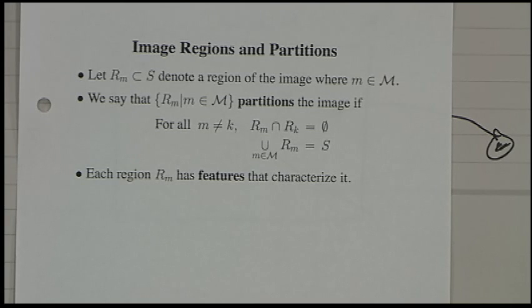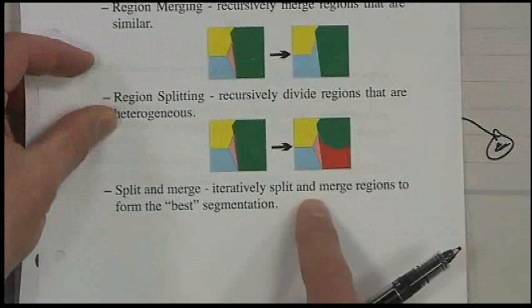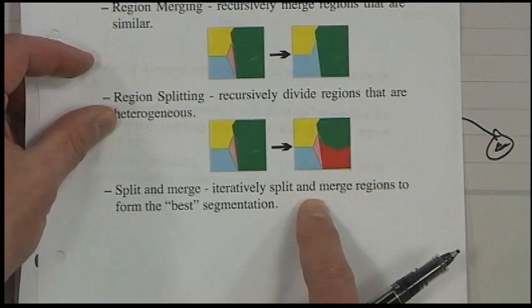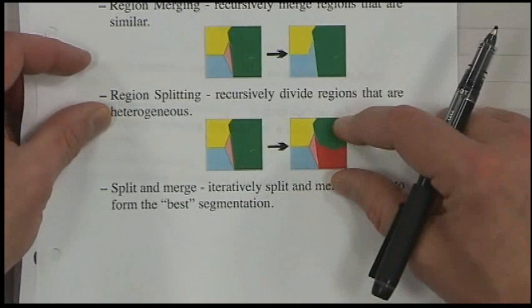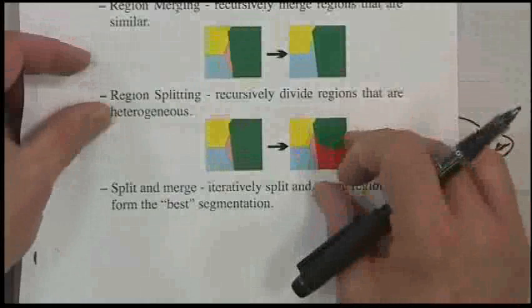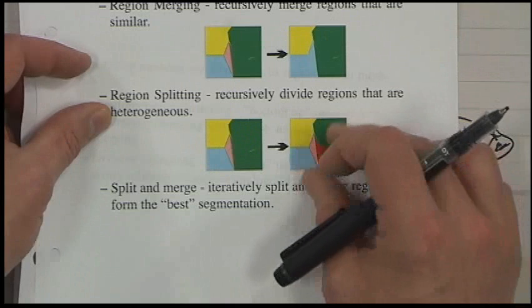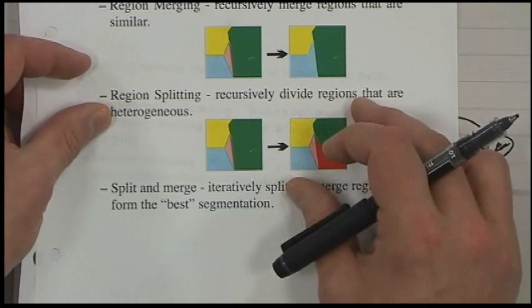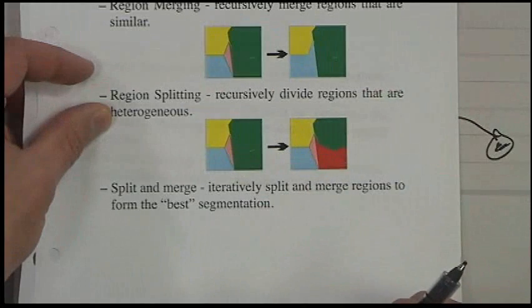Oh, and I should have mentioned this: a simple way to combine top-down and bottom-up approaches is to first split things, and then once you've split as well as you can, remerge and then split again. So you can go back and forth, and it's a nice heuristic that's pretty effective.